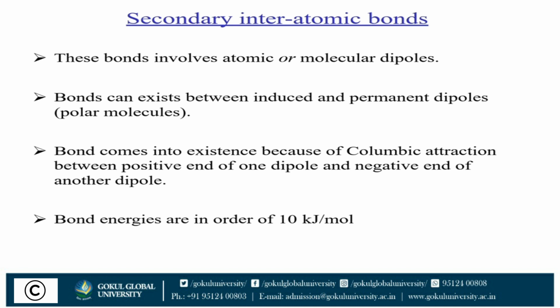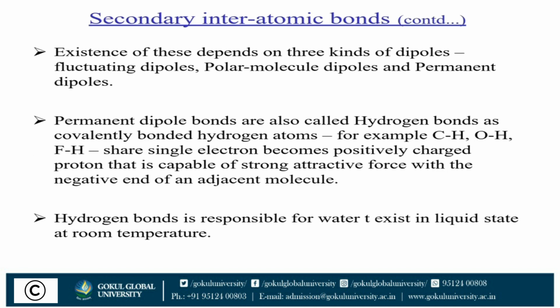The bond energies are in the order of 10 kJ per mole. The existence of the secondary interatomic bond depends upon three kinds of dipoles: fluctuating dipoles, polar molecule-induced dipoles, and permanent dipoles.